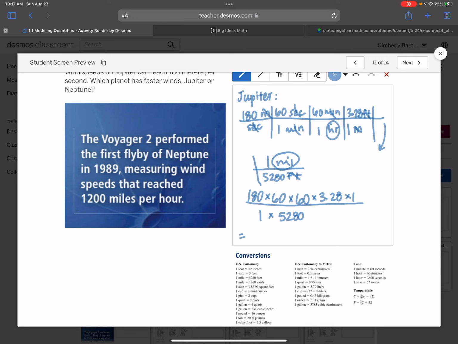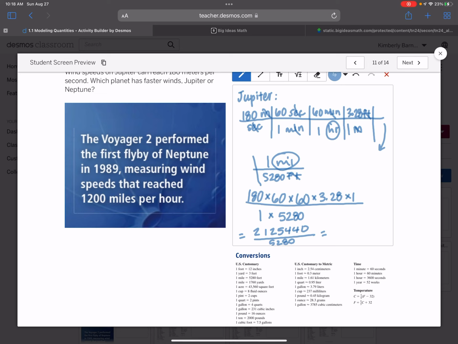So that, in my calculator, 180 times 60 times 60 times 3.28 times 1. That equals 2,125,440 over 1 times 5,280.